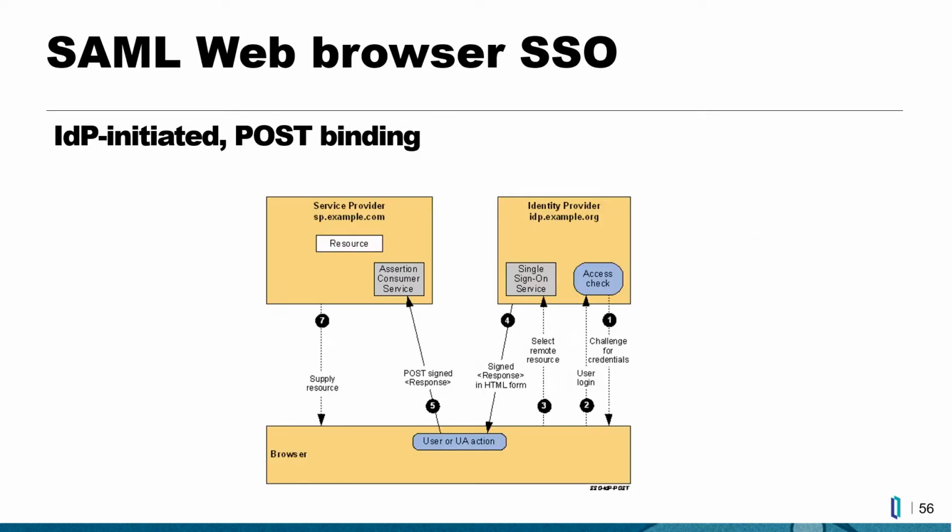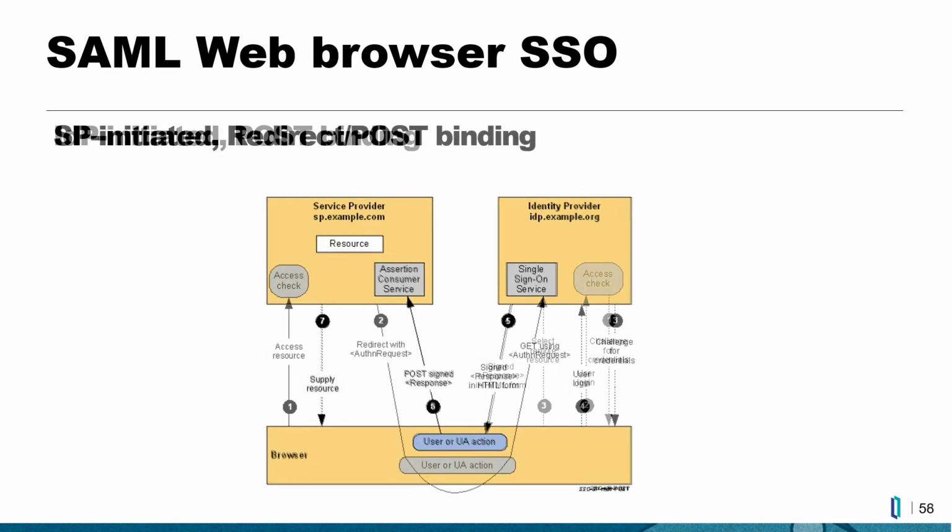In the end, for what matters for us, in web browser single sign-on cases, it will end up being a very versatile profile that can be implemented for either IdP-initiated or SP-initiated, and with a lot of different variants for how you go from the service provider to the identity provider.